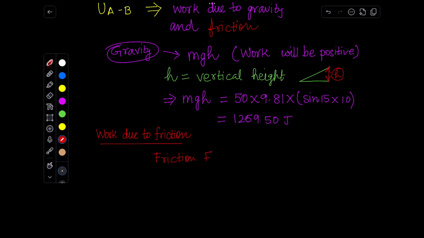So first of all, let's see how to calculate work when there is a force. The basic or fundamental formula is that work is equal to force multiplied by displacement. In this case, we have frictional force and we will multiply it with displacement.